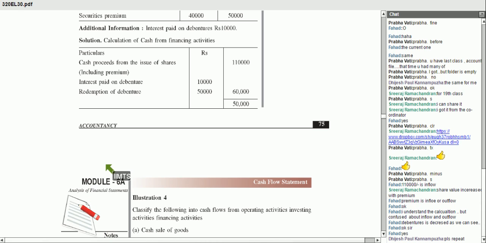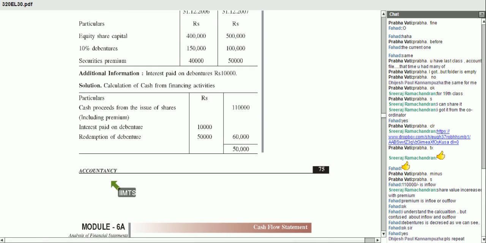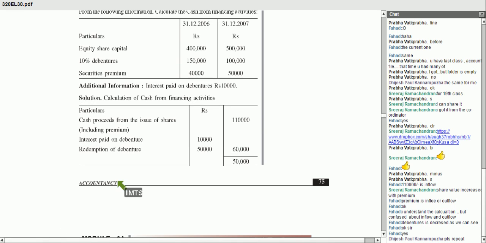Can you highlight the part which you have not followed? I will be happy to explain that part again.